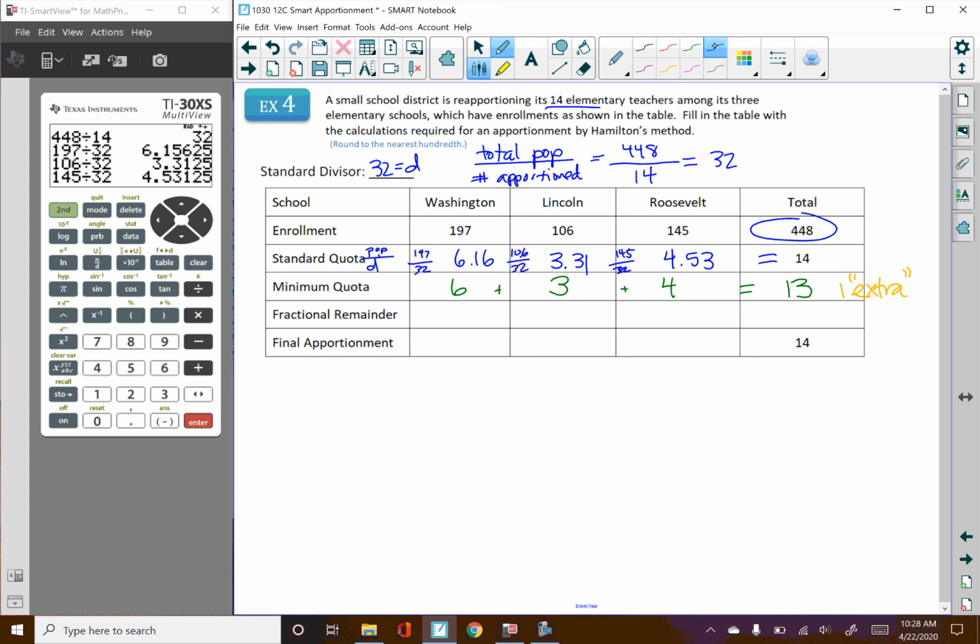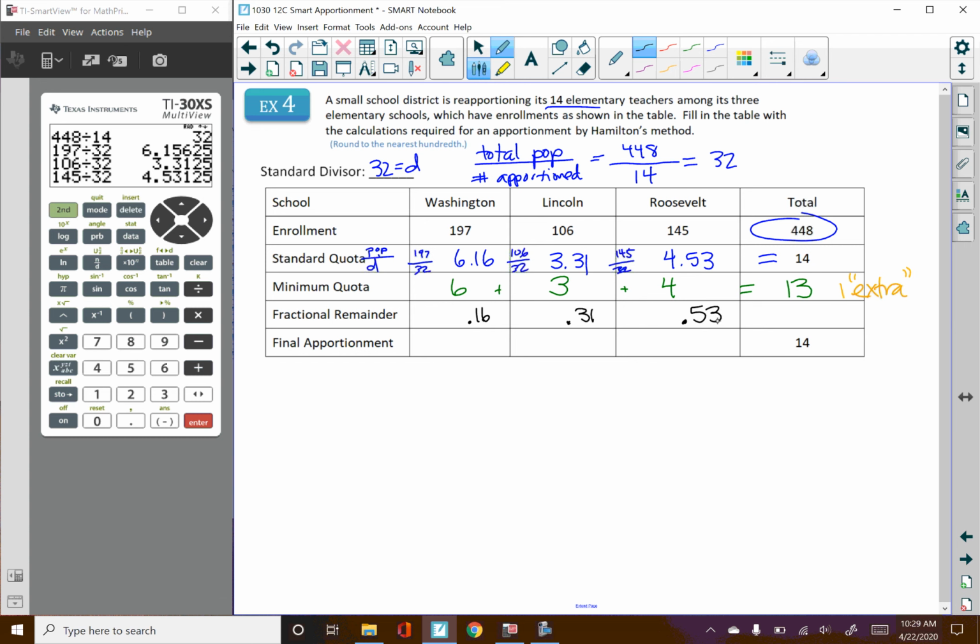So Hamilton's method is that you think about the fractional remainders. This one, I'm writing it out just to make it more visible, and you won't always need to write it out. 0.16 is their fractional remainder, which is the decimal amount. Fractional remainder here is 0.31. Fractional remainder here is 0.53.